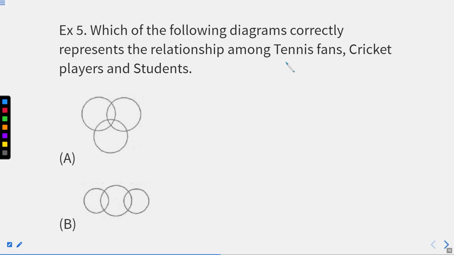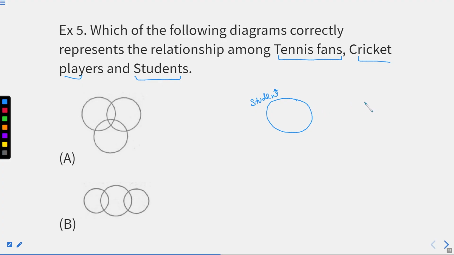Let us draw. We have three things: a tennis fan, a cricket player and a student. Let's say this circle represents a student, right? I hope this thing is clear. A tennis fan. If you are a student, you may love to watch tennis as well.